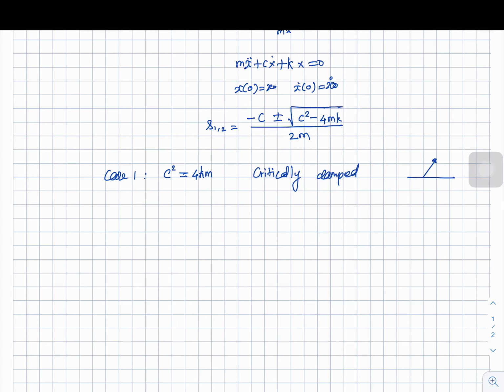An example is the door stopper. A typical door stopping mechanism is over damped. Case 3 is the under damped system, where c square is less than 4km.